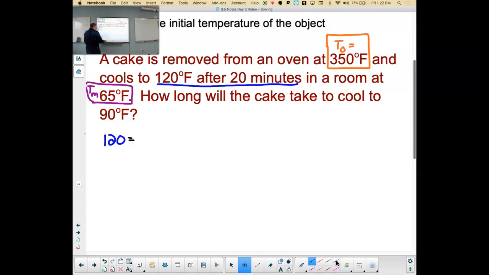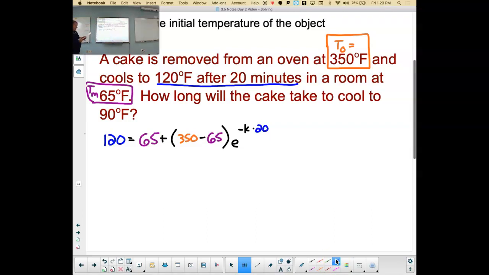That's going to equal our ambient temperature, 65 degrees, plus 350 degrees minus our ambient temperature of 65 degrees, all of that times e to the negative k times 20 minutes.